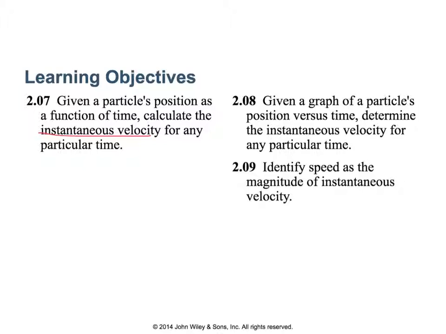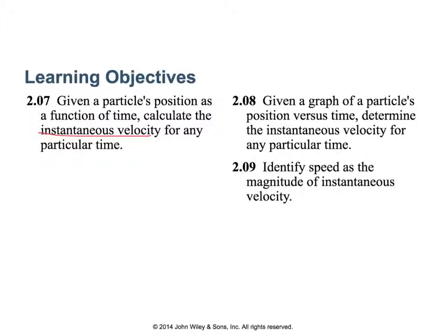Also, given a graph of a particle's position versus time, we're going to determine the instantaneous velocity for that particular time. Once again, more calculus, and then we're going to identify the speed as the magnitude of the instantaneous velocity.